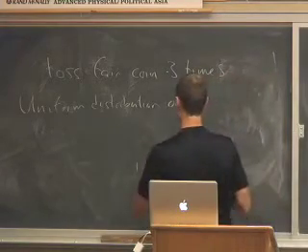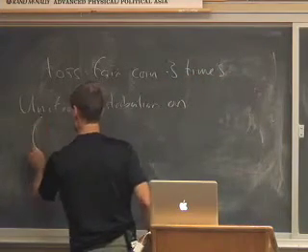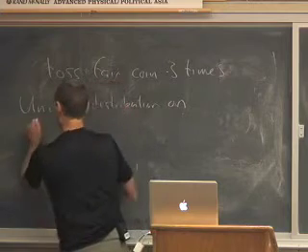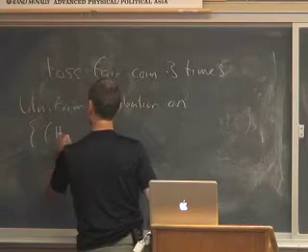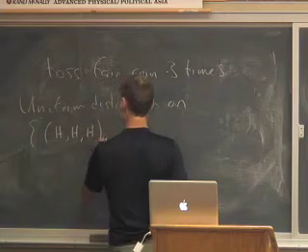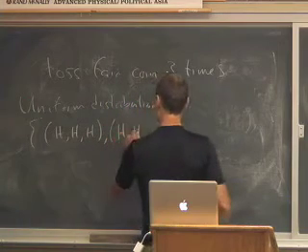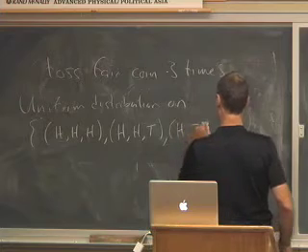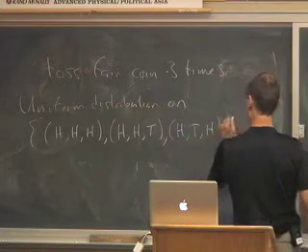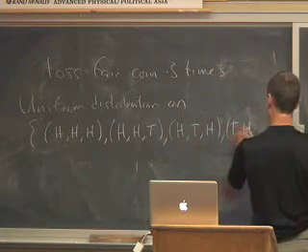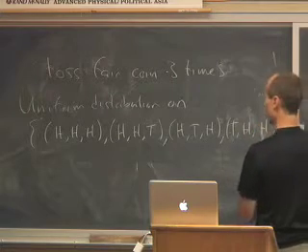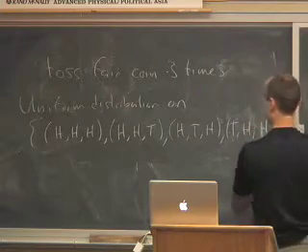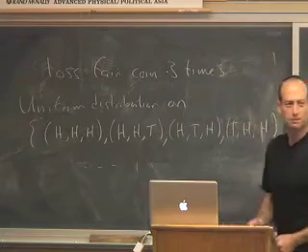So it's uniform distribution on this set of things that look like this: heads, heads, heads, heads, heads, tails, heads, tails, heads, tails, heads, heads. How many are there in all?